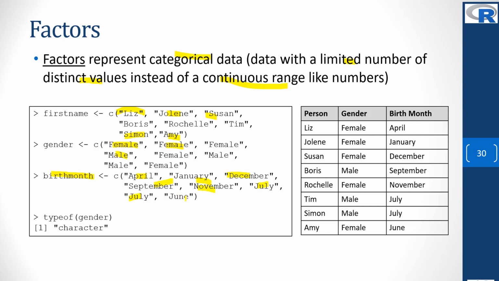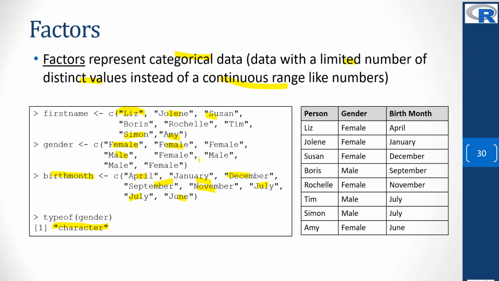July is repeated, and then 7 unique values. So we don't get all 12 because R doesn't really know about those. We're specifying that the only months we're interested in here in terms of this categorical data are these 7 months. If we look at the type of these factors, we'd see that they're character, they're strings. This is not a limitation, but it's just the way R treats them.